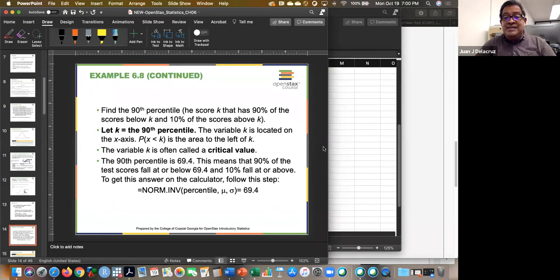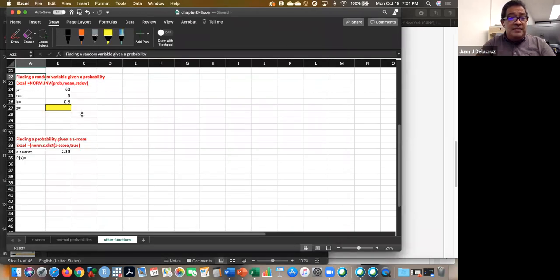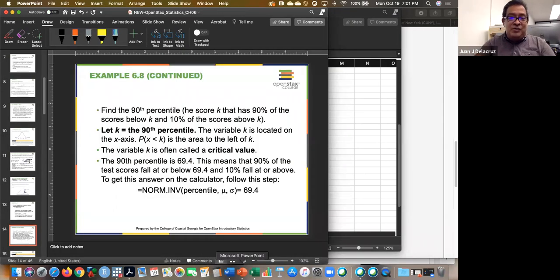So in this case, if you have the probability, which is here called the percentile, and you have mu and sigma, you can find, well, this is the K-score, hold on. I'm getting ahead of this. So I want to know finding a random variable, or this is finding the probability, sorry. Sorry, this is the one. So I was getting confused. Just erase what I said.